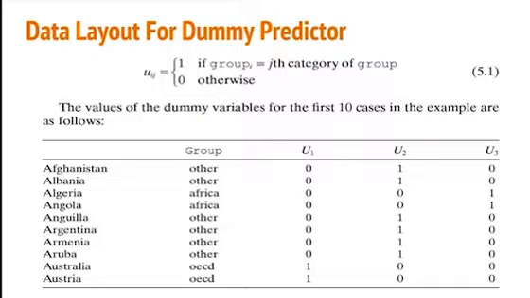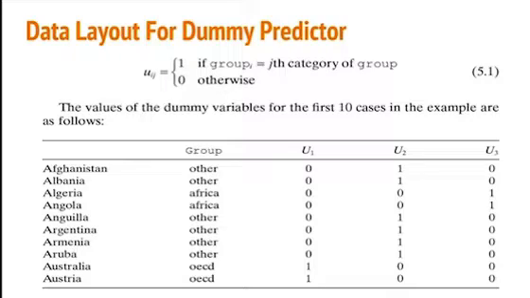Because to the best of my knowledge, no African country is part of OECD. So we're talking about the United States, Japan, and the like. And look at the coding. Because we got 3 levels of group, we basically have U1, U2, U3, as you can see.